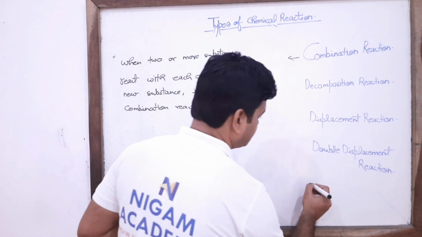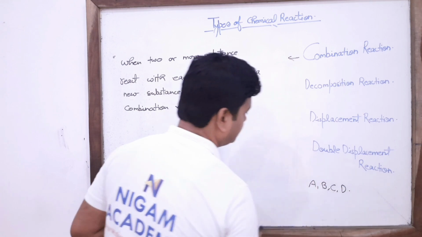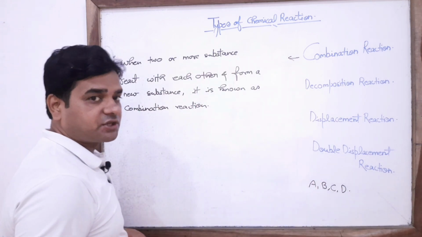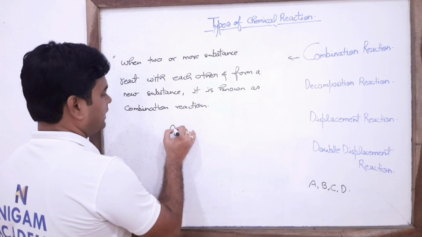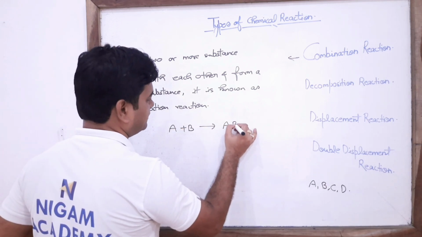Suppose you have four elements A, B, C and D. In case of combination reaction, what will happen? A and B can form AB.